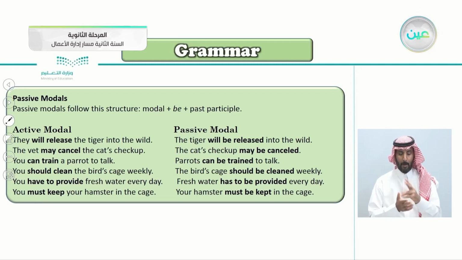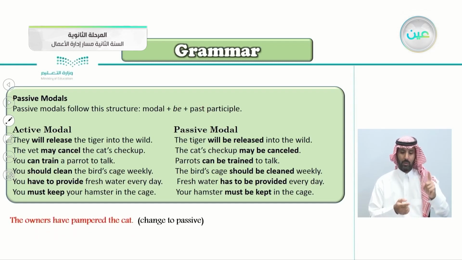Another example: the vet may cancel the cat's checkup. So we say the object, the cat's checkup, may be cancelled. Always follow this structure: modal, then be, then the past participle of the verb. For example, the owners have pampered the cat. How do we change it to the passive?